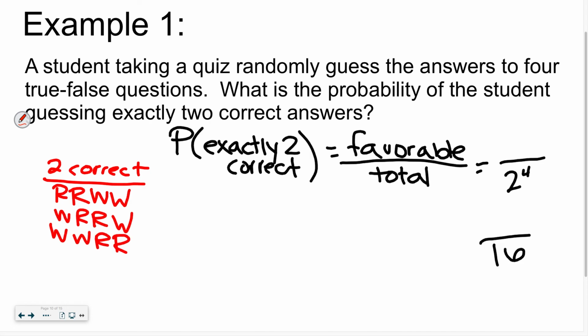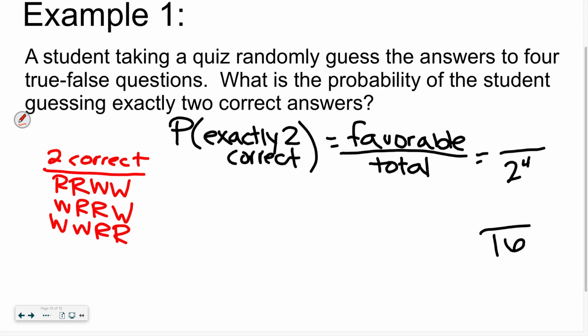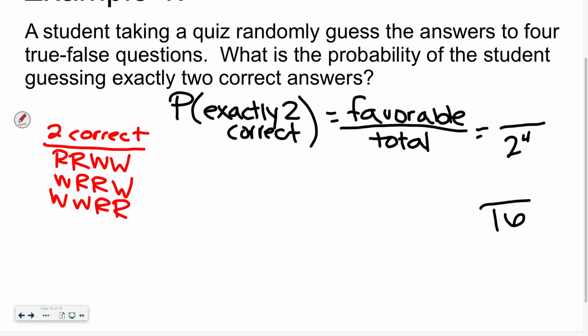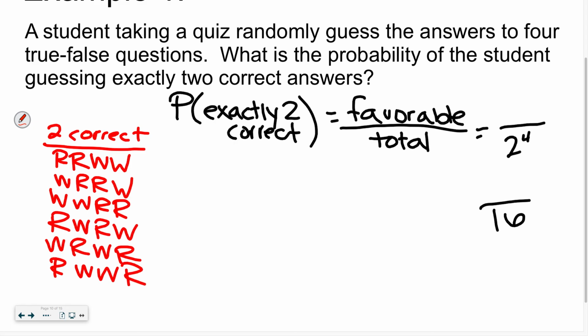There's 3 ways for me to answer 2 right. Can you think of other ways I could answer 2 rights? Right, wrong, right, wrong. Sort of like that 80s song. Wrong, right, wrong, right. Right, wrong, wrong, right. I think we got them. So there's 1, 2, 3, 4, 5, 6.